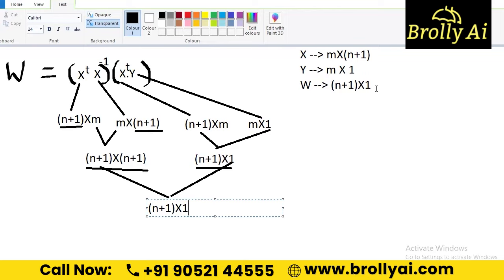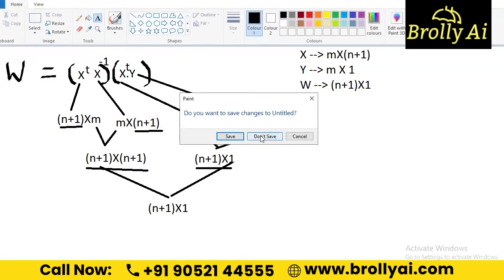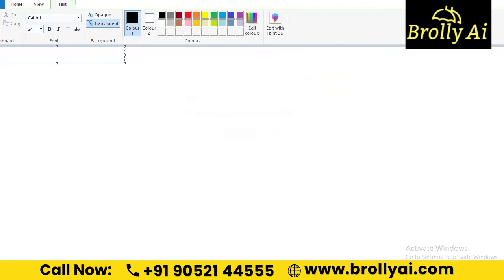To find out that W, to find out the relationship between the input variables and the output variable, we will use this formula, to find out statistically. So let's come to our patients example. We have 1,000 patients, 3 input variables: age, weight, height.